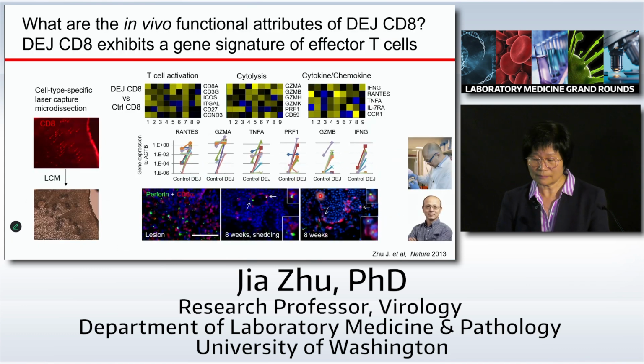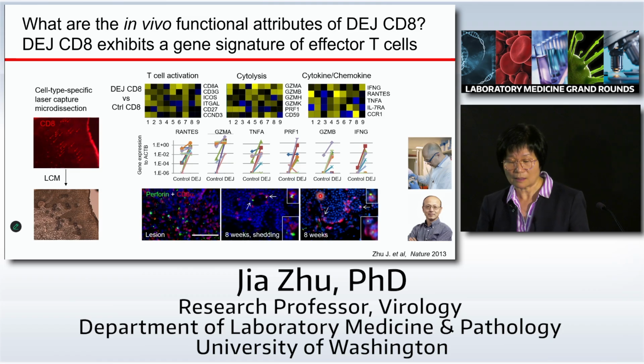We then wanted to determine in vivo what the function of those CD8 cells at the dermal-epidermal junction is. To do that, we developed a cell type specific laser capture microdissection. Kay and Tao teamed up to laser microdissect individual CD8 T cells from this dermal-epidermal junction and compared their transcription profiles to CD8 T cells isolated from control tissues.